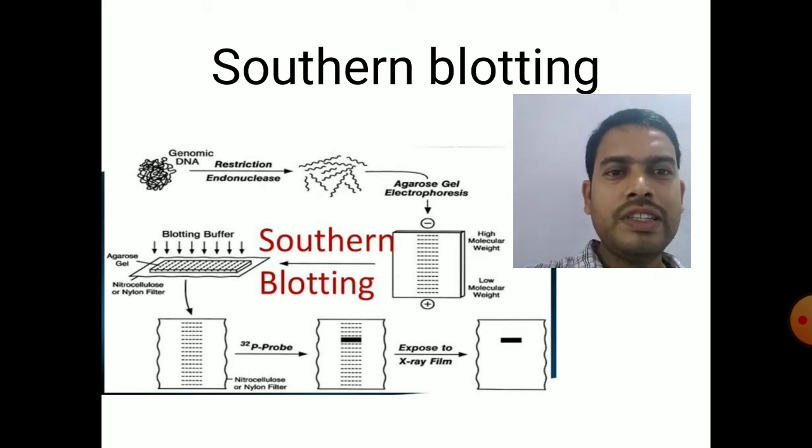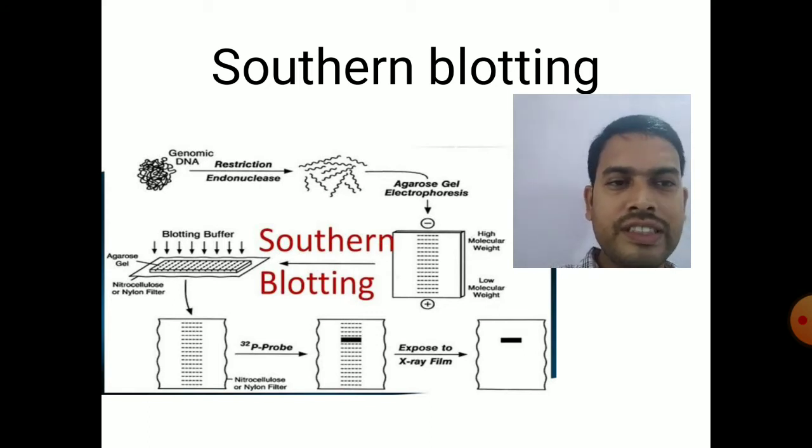These double-stranded DNA fragments are denatured to single-stranded DNA fragments. Here in the diagram it is not shown. Once the double-stranded DNA molecules are converted into single-stranded DNA fragments, they are run on agarose gel electrophoresis.